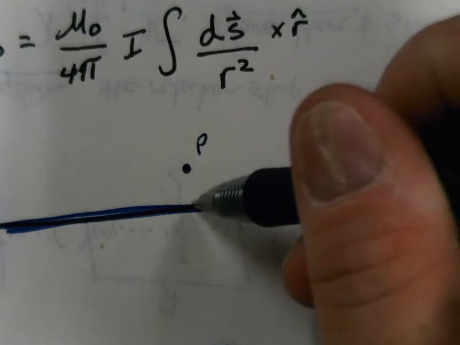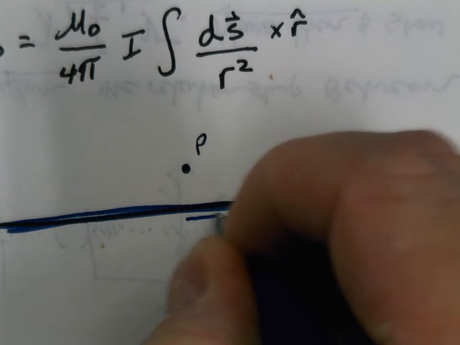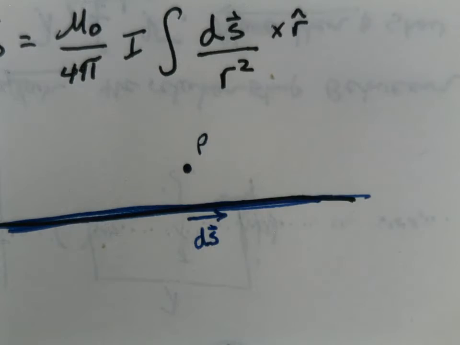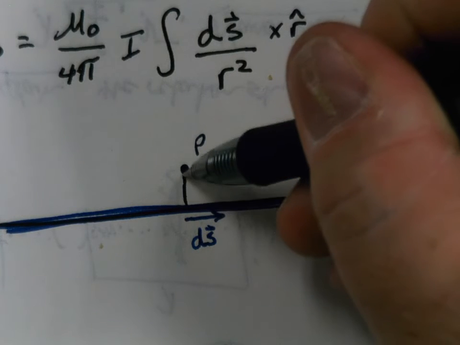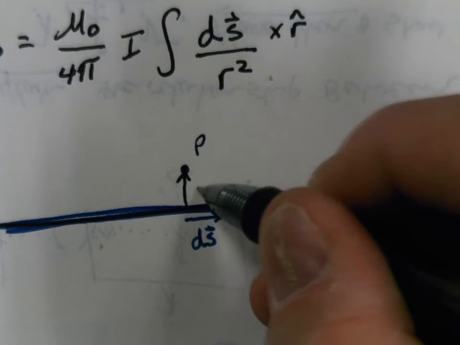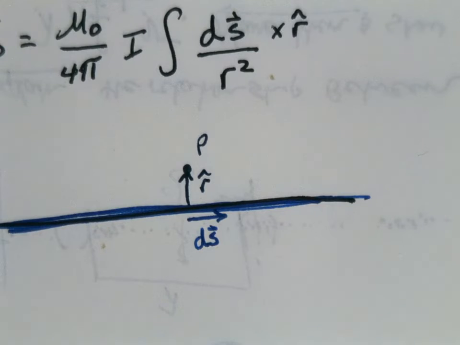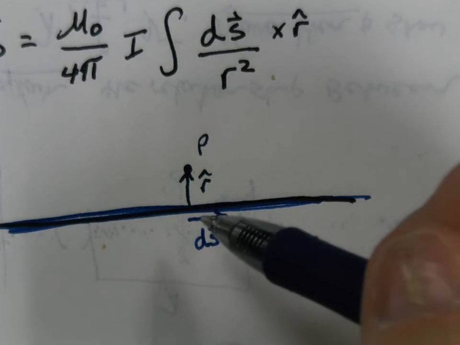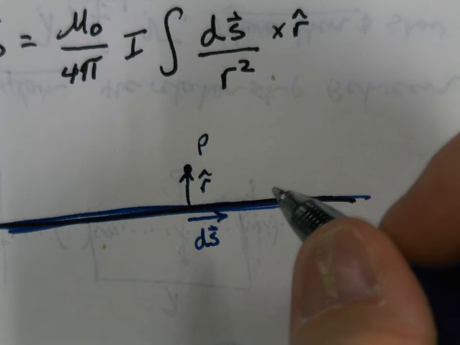As we move along a tiny distance ds, we're going to have that vector also. Now this distance is not given by r hat. This is the distance r, but r hat is just the direction.